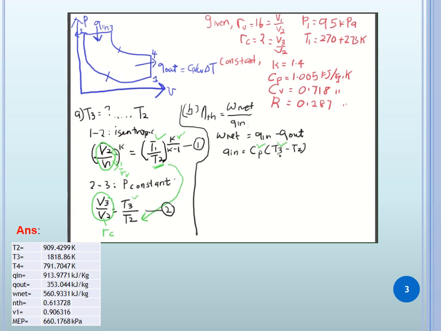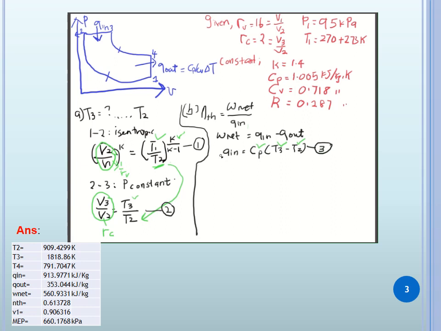We already have T3 from the previous question number A, and we have T2 also solved by equation number 2. So we don't have any difficulties to solve Q in, or equation number 3.